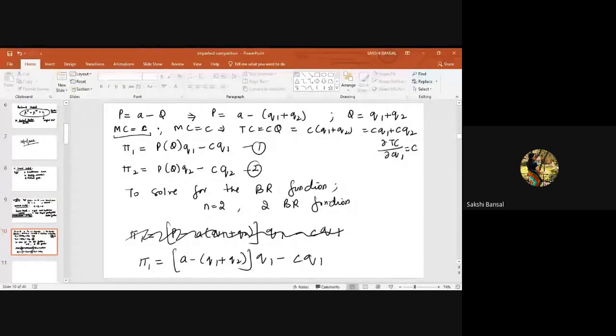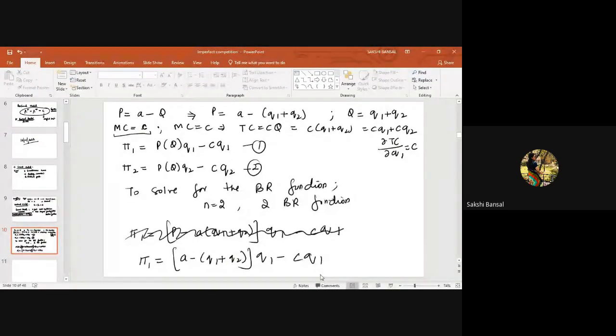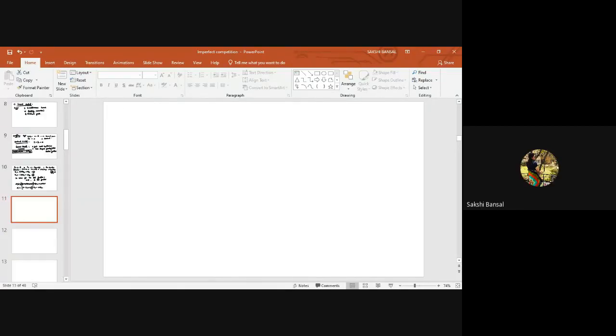Now you can solve this equation. Can you differentiate the entire equation with respect to Q1 and equate it to 0 for local maxima and minima? Quickly solve these two equations and tell me the answer.